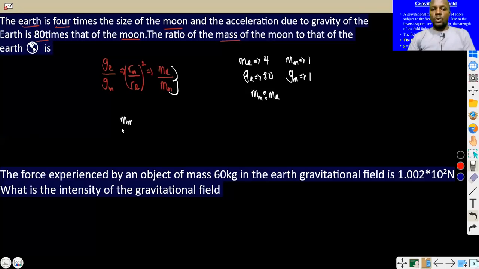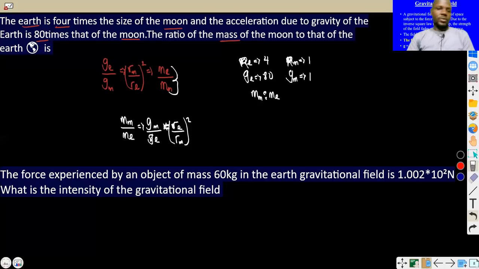Mass of moon over mass of Earth will be equal to g of moon over g of Earth, multiplied by the radius of Earth over the radius of the moon, all squared. This 4 times is not mass; 4 times stands for the radius, the size. We just need to keep that at the back of our mind.